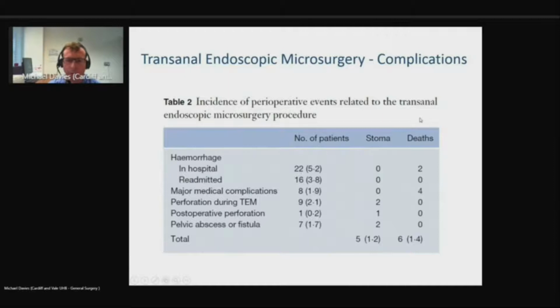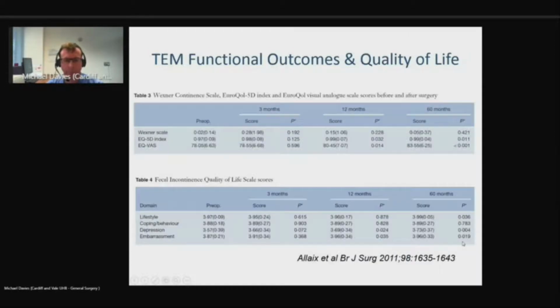So what are the outcomes of transanal endoscopic microsurgery? This is data from the UK TEM trial, which is a few years old now, but gives you an indication that although there are complications, generally the incidence of these is very low, but not without a mortality rate.